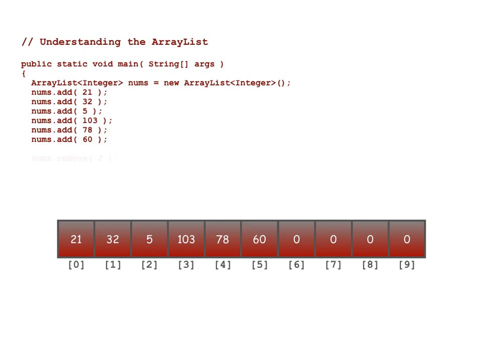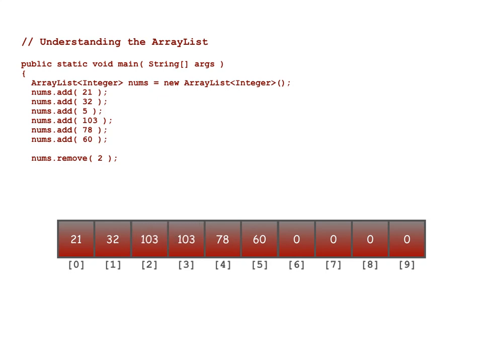Now, suppose I want to remove a value from the ArrayList. Suppose I want to remove the value at position 2. Again, as mentioned in the previous video, just as I cannot grow an array, I also cannot shrink it. So, how will we get rid of the value at position 2? What the ArrayList will do is it'll take the value at position 3 and copy it to position 2.